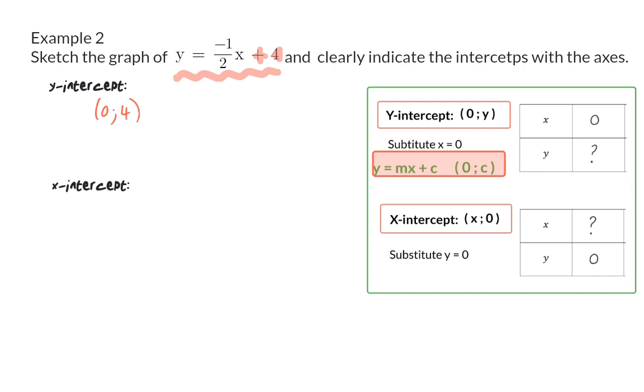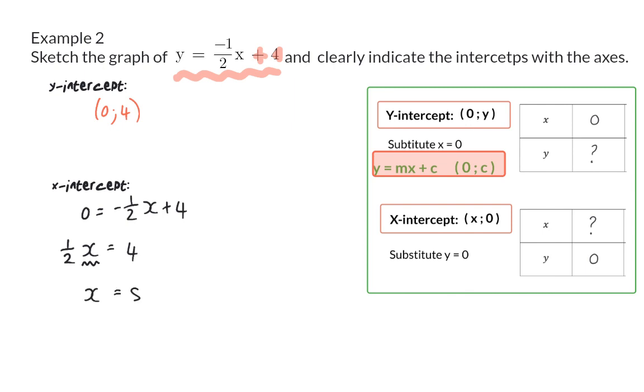To determine the x-intercept, we're once again going to substitute y with 0. And now we can solve x. So firstly, I'm going to take the minus a half x and add it to the left so that it is positive. Now you can even choose to use inspection to say a half times what will give me 4.